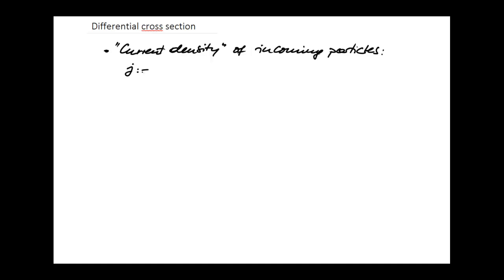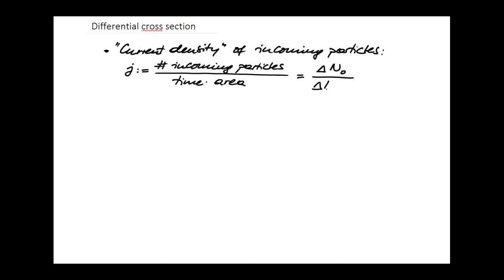That is the so-called current density of the incoming particles. Denote that by little j, that's defined as the number of incoming particles per unit time, per unit area. In letters, the number of incoming particles, let me call that delta n0, in a certain time interval delta t, and a certain area delta a.